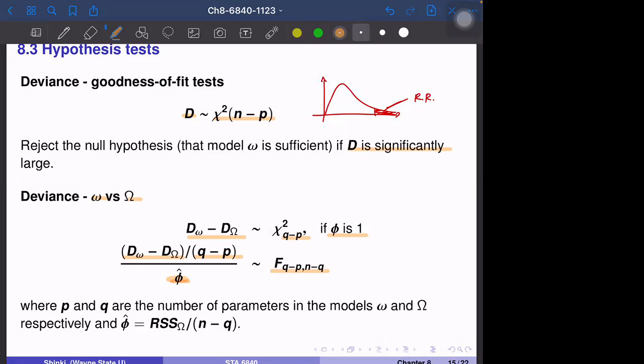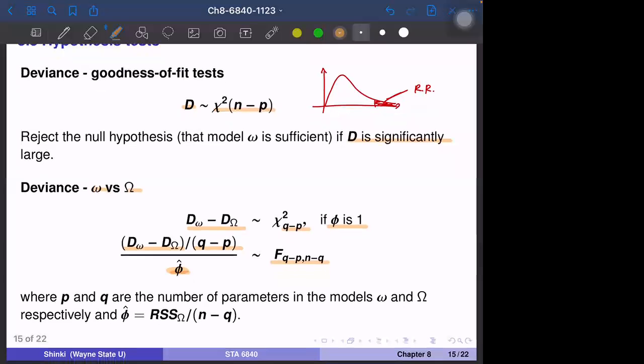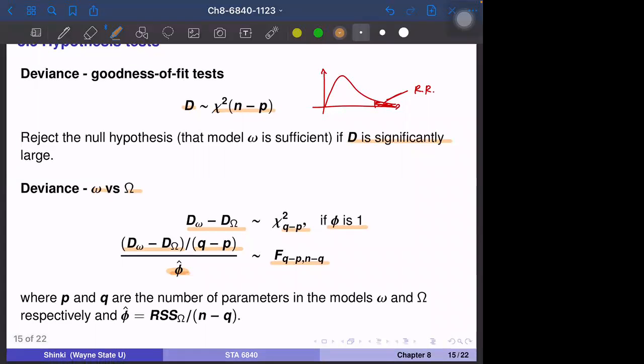Think about the normal case where we want to estimate sigma square: we use a larger model that has less risk of missing any factors, then we can estimate sigma square. So the larger model has degrees of freedom n minus q, so that's why we use n minus q here.